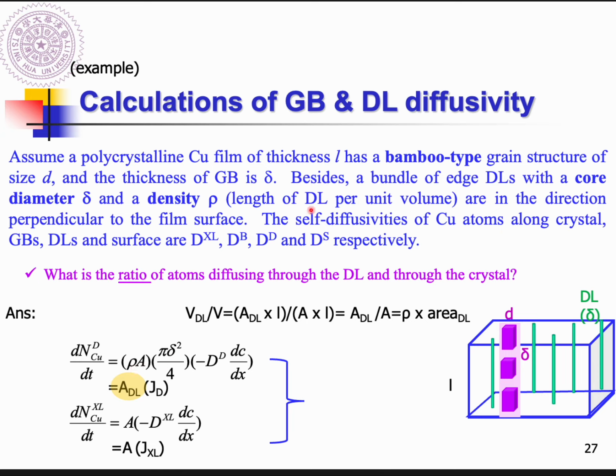The area of dislocation, because the diameter is delta, is pi r squared, where r is delta divided by 2, so we get pi delta squared over 4.